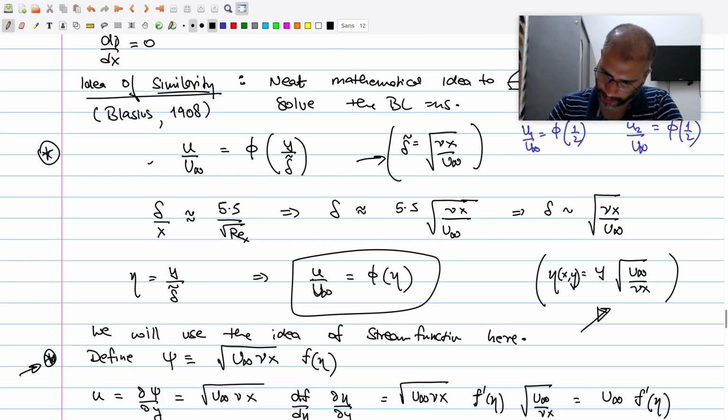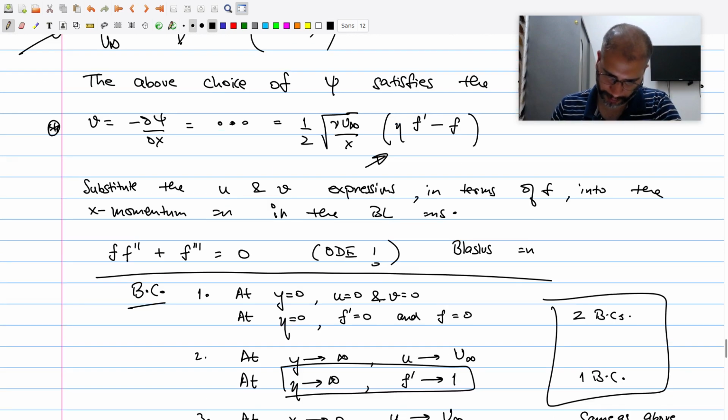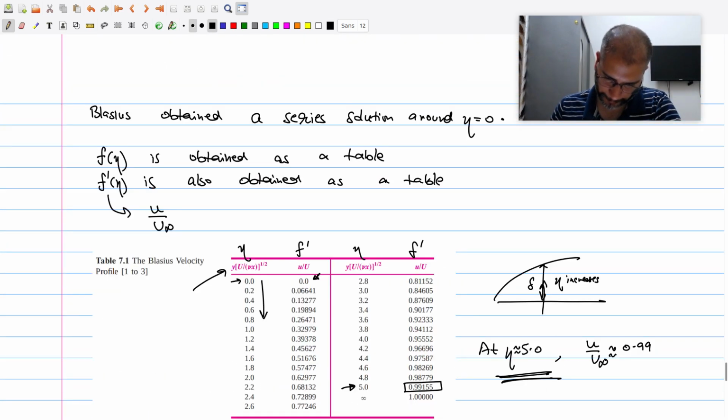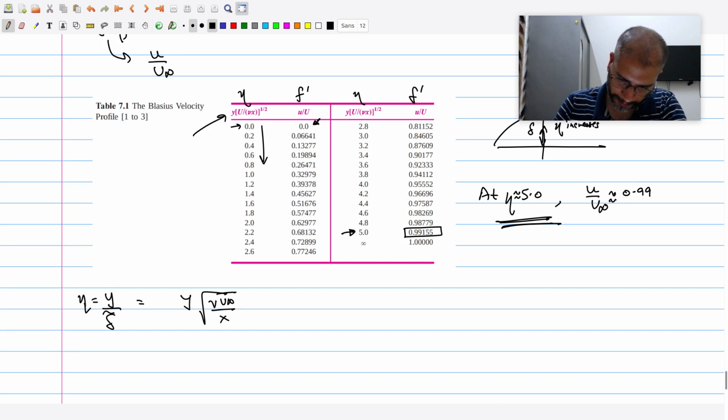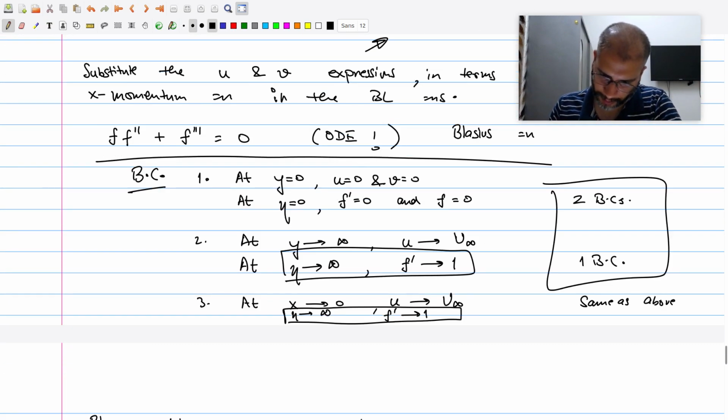Yeah, so eta is this, which is y times square root of u infinity upon nu x. So I might have made a mistake. Let me see if I can correct that. Yeah, it's only here. Okay, let's check again.